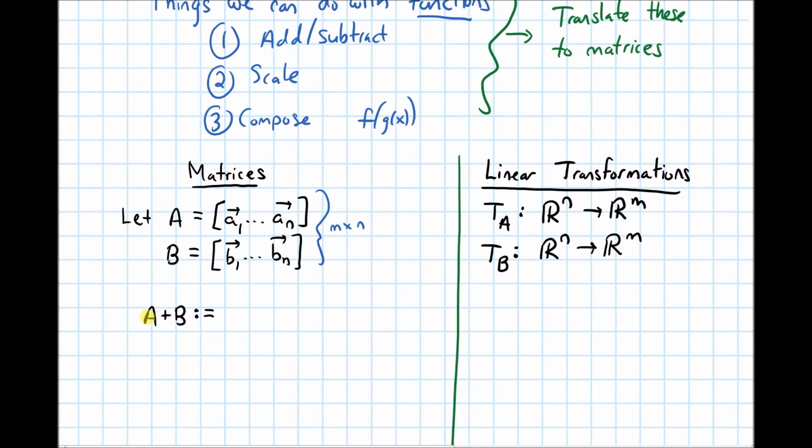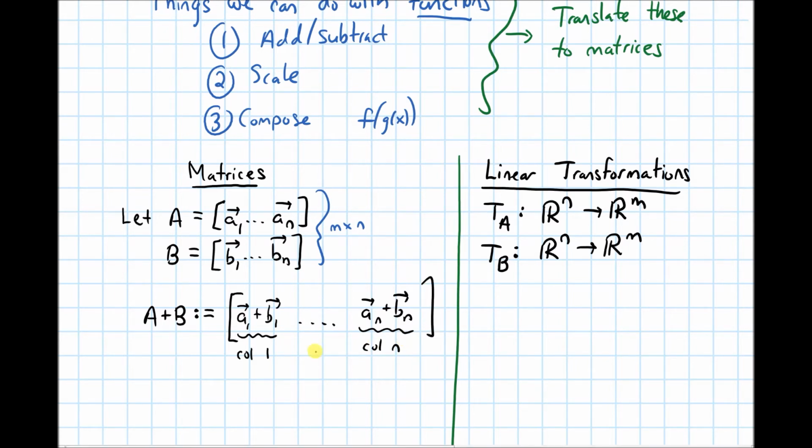Now I want to define how we add two matrices. The way we define that addition is, you just add the first two columns together, so A1 plus B1. This is going to be the first column in A plus B. And then you do that all the way through for every single column, up until the nth column of A added to the nth column of B. This is going to be column n of the sum.